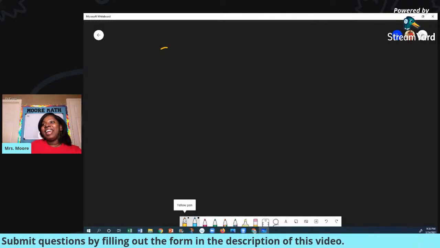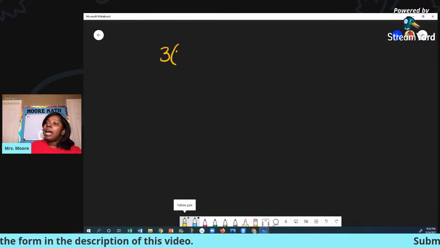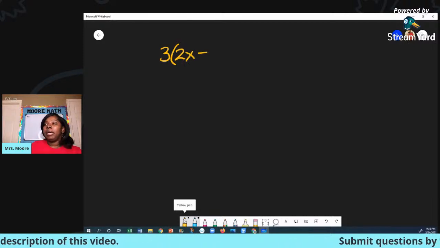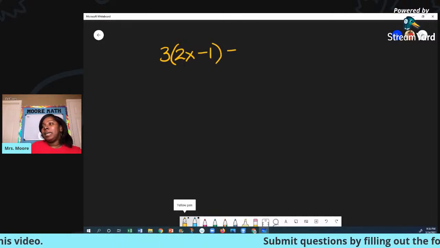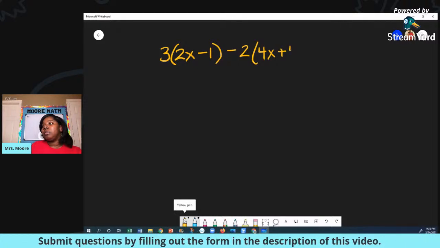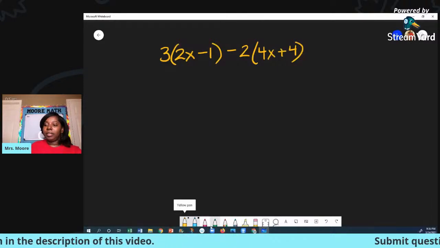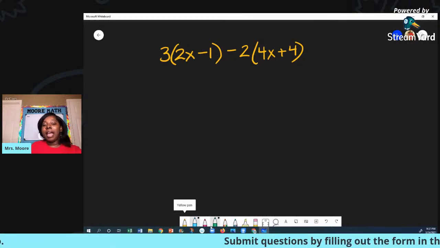All right, so let's do some distributive properties. So we have 3 times 2x minus 1 minus 2 times 4x plus 4. Okay. So again, side by side, we multiply 3 times everything in the parentheses.